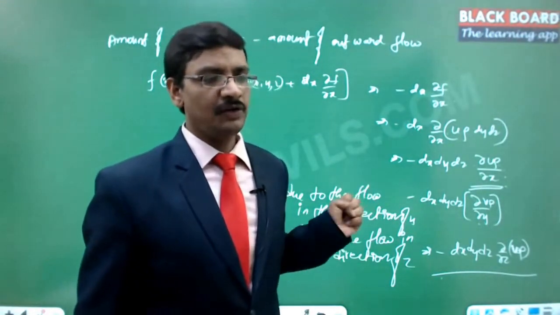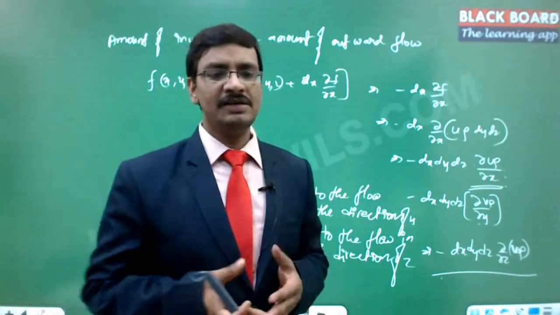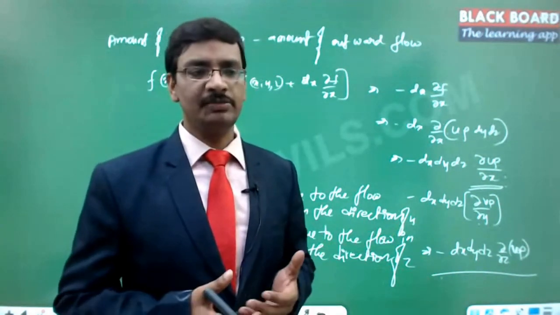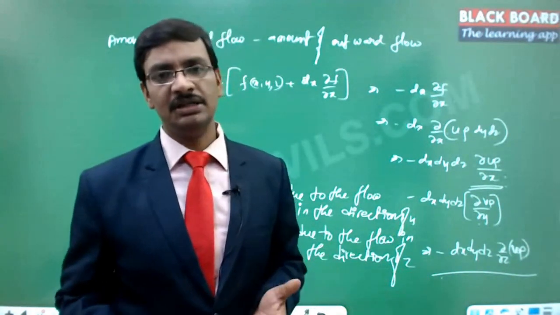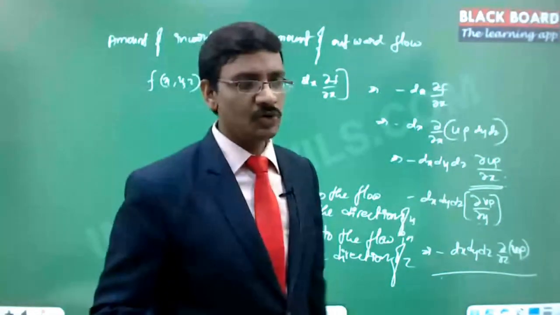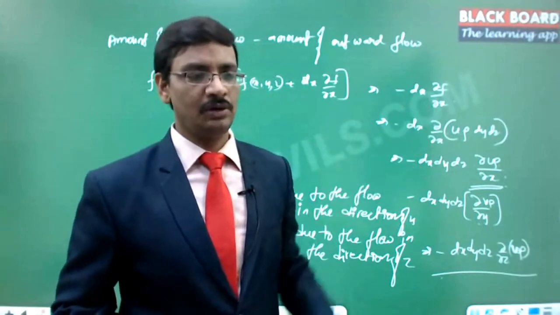Now when the flow is happening, if you consider any middle point, it is always expected that the flow can happen in any direction. Simultaneously it may go in the direction of u, in the direction of v, and in the direction of w as well. Hence the sum of all the flows together will be the total accumulated fluid within this particular closed volume.